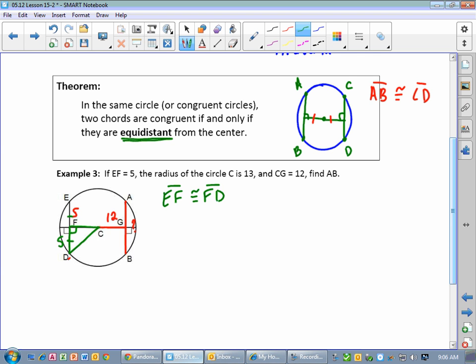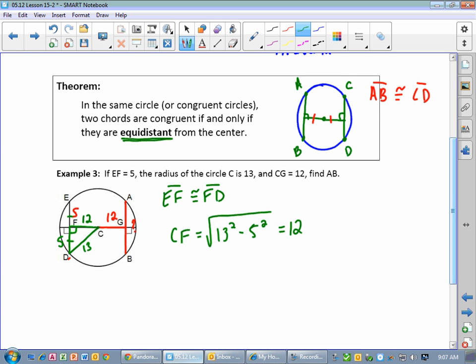And then we're also told the radius is 13. Well, CD is a radius, so we've got 13. So can we find CF? Okay, so let's go ahead and find CF. So CF would be the square root of 13 squared minus 5 squared. And conveniently enough, that comes out to 12. Exactly. So CF is 12.